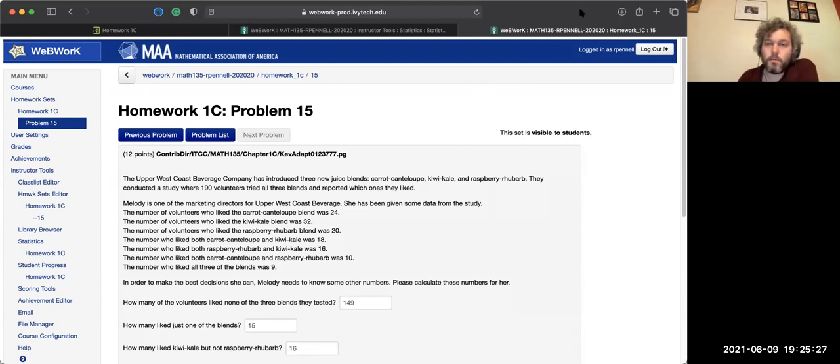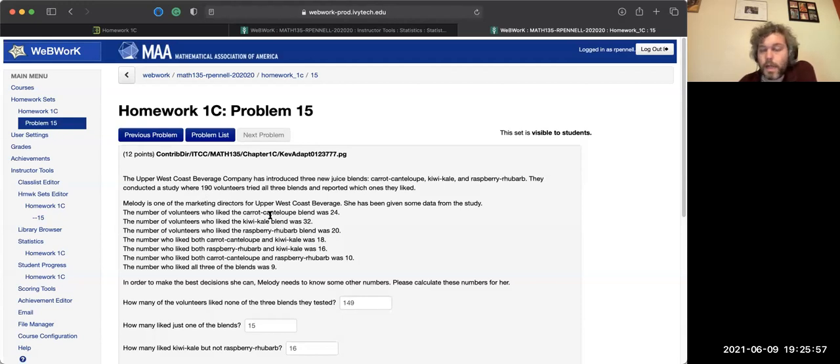But what you're looking for is like one of those taste test things where people are tasting different drinks, and so you have carrot, cantaloupe, kiwi, kale, raspberry, rhubarb, and people are tasting this. There's, in my problem, 190 volunteers that are tasting this.